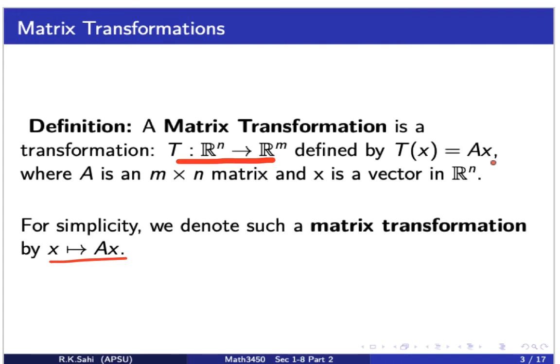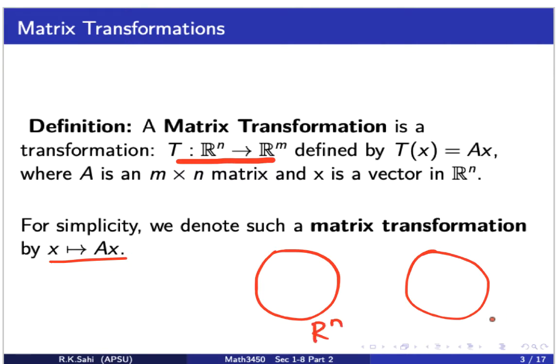matrix with a vector. In other words, just suppose we have a space Rn and we have a space Rm, and then we have a transformation. Remember, it's a mapping or a function. So if T acts on an element of the n-dimensional space, it's like you're multiplying a matrix A to the vector x to get Ax.